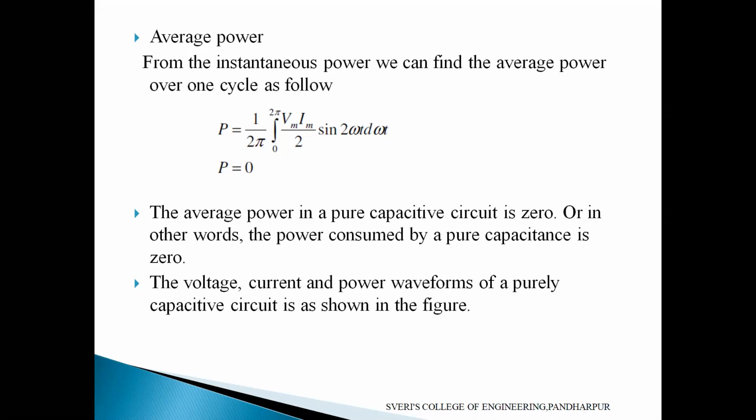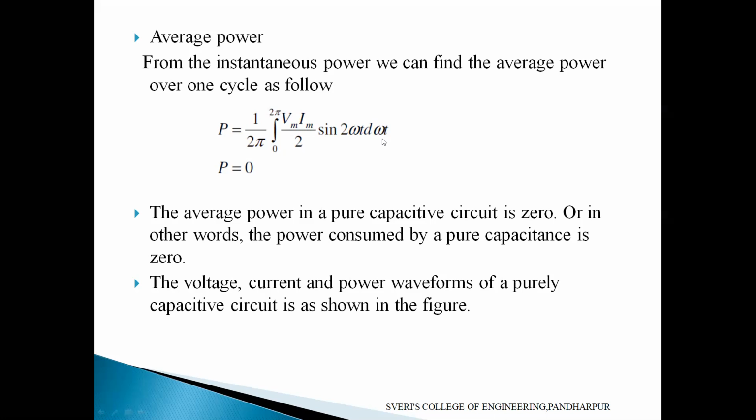Write down P equal to, or P average, you can also write average power. P equal to 1/2π integration 0 to 2π of Vm Im divided by 2 sin 2 omega t d omega t.